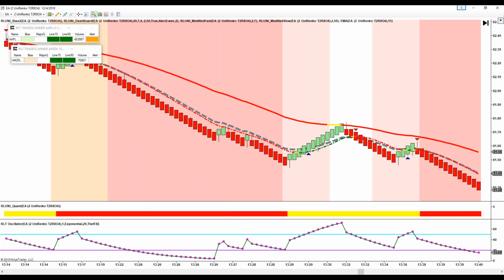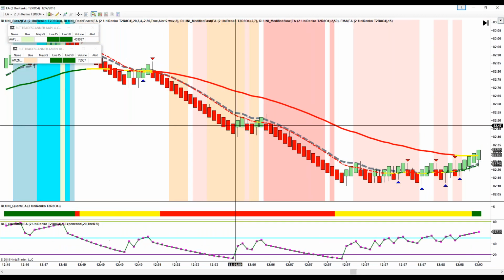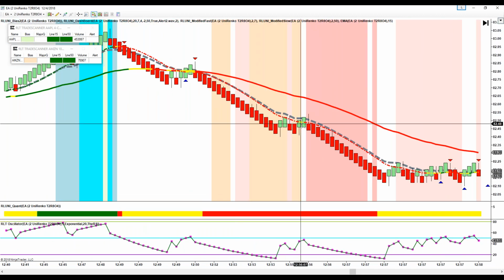And you can look on this move down. It's nice and smooth all the way down. Whereas the EMA gives you these bounces. One single up candle gives you a bounce. Two single up candles gives you a bump. You don't get that. So it's a much better moving average to trade.